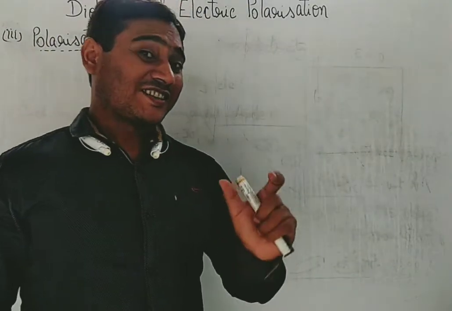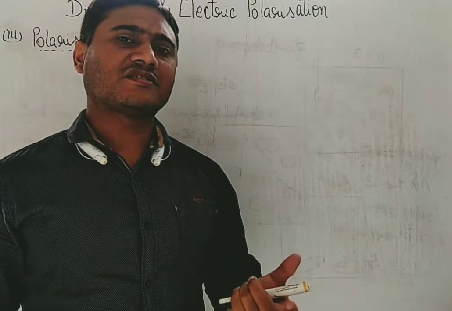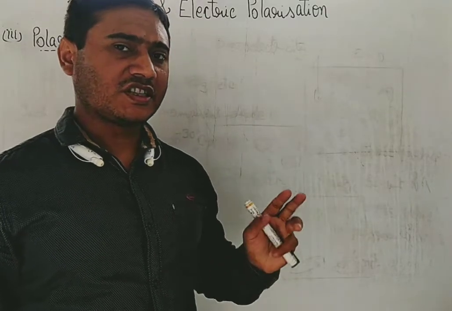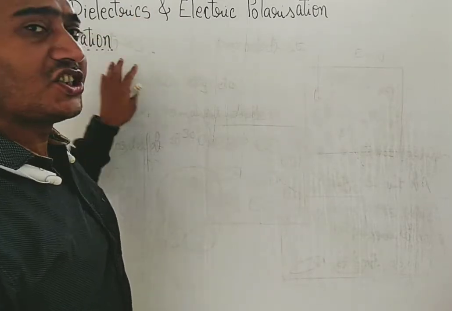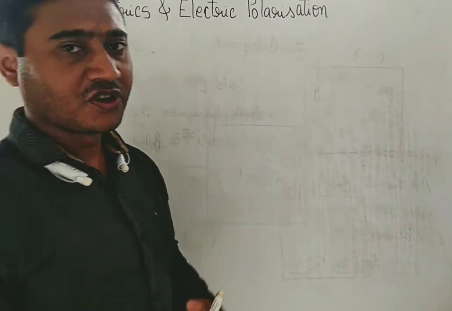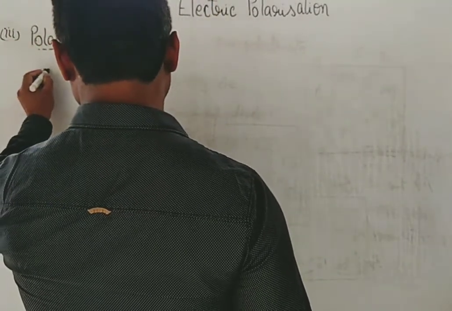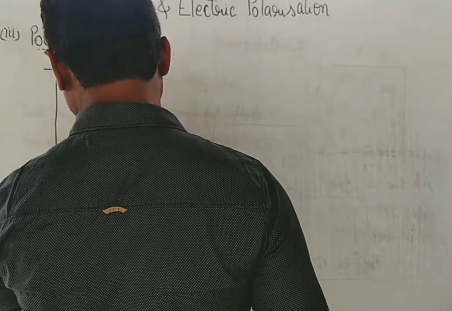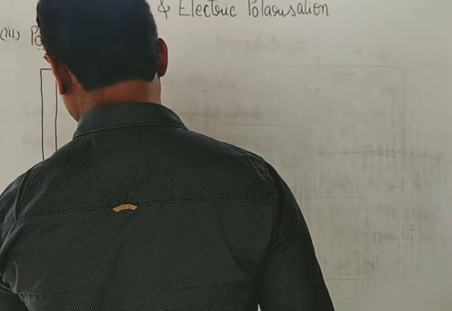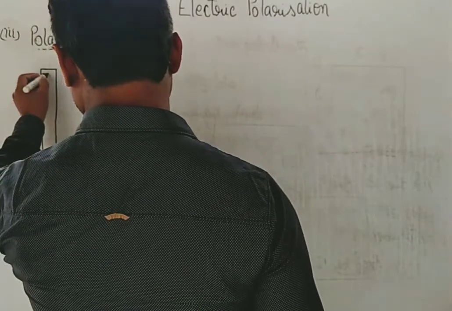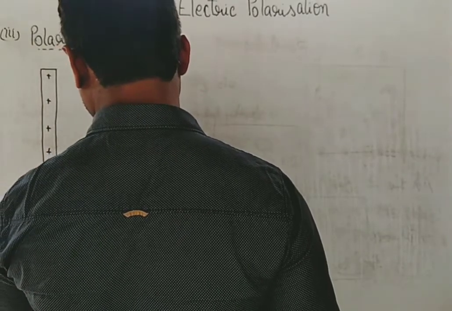Okay students, so let's see now how the polarization process within the dielectric takes place. So let's see the next subtopic of this topic, that's polarization of a dielectric slab. Let me just draw a diagram. Suppose we have a uniform electric field obtained with the help of a parallel plate capacitor charged with positive and negative.